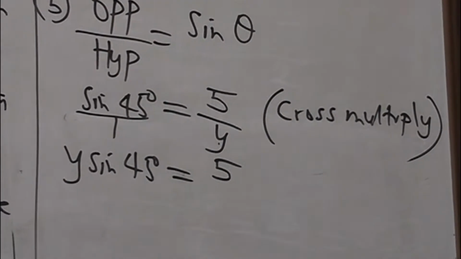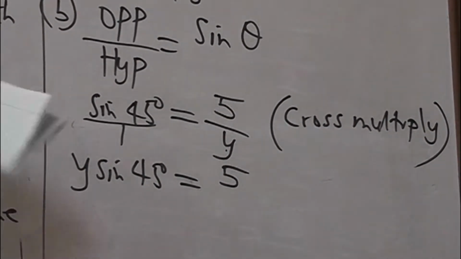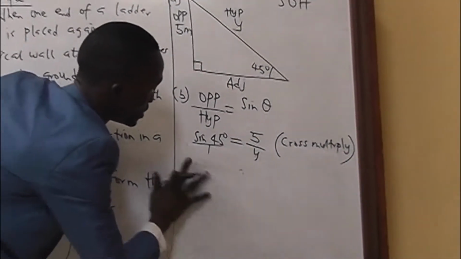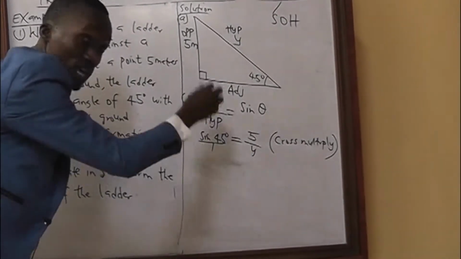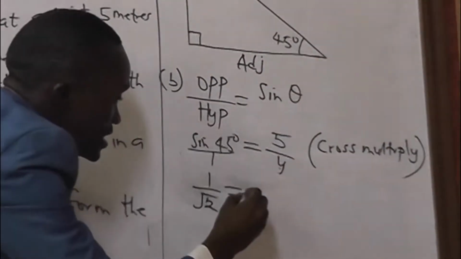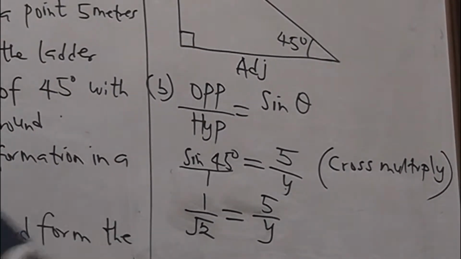There is another way of doing it apart from cross multiplying first. Instead, we can just put in the value, since we have derived earlier the value of sine 45 as 1 over root 2, then this will just be 5 over 1. And at this point, we can cross multiply.